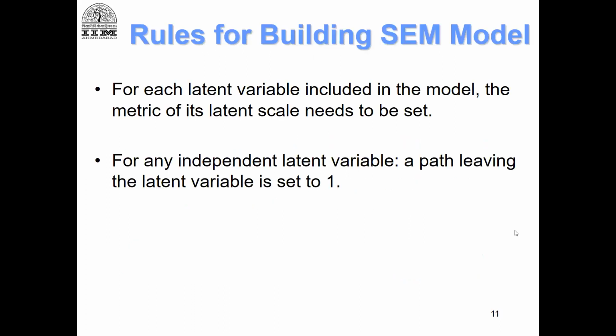Okay, so now there are some rules. We will come to, yeah, let me just take you through these steps, but we will again come to this when we actually do our CFA example. So for each latent variable, there should be a metric of the scale that needs to be set. For any latent variable, one path leaving the latent variable has to be set to 1.